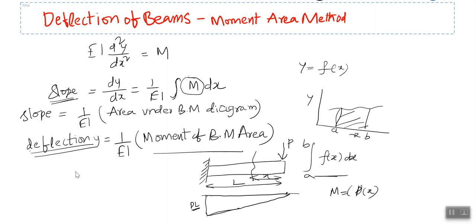Now the area of this bending moment diagram is nothing but 1 by 2 times the length into PL.